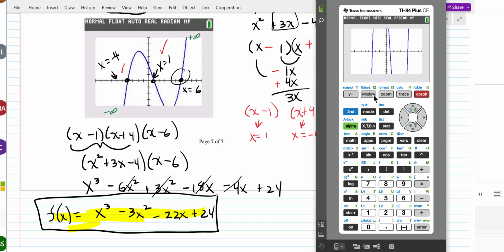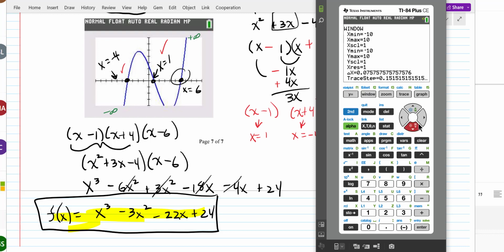Now, if I change my window a little bit on this, and if I change the y's to something like negative 40 to 40, maybe scale that by 10, it'll look a little bit more like the graph I gave you, because this is a graph that's scaled on here.